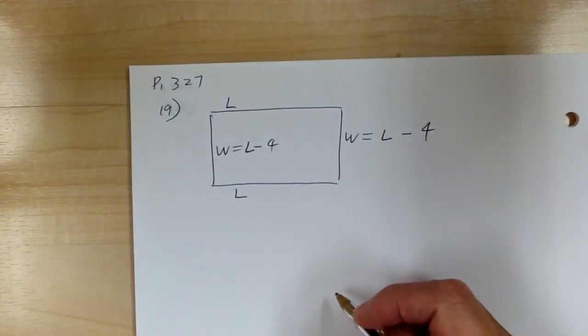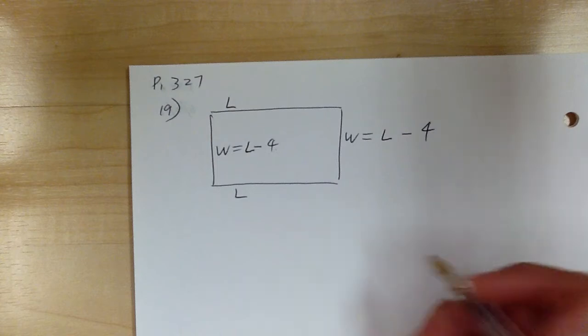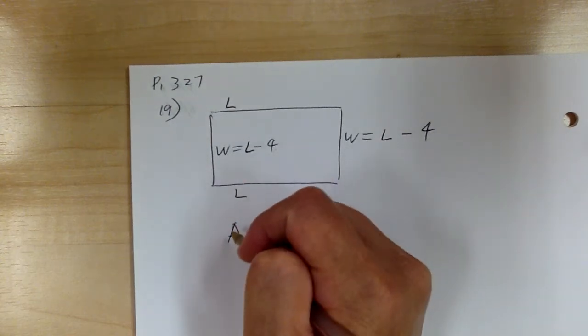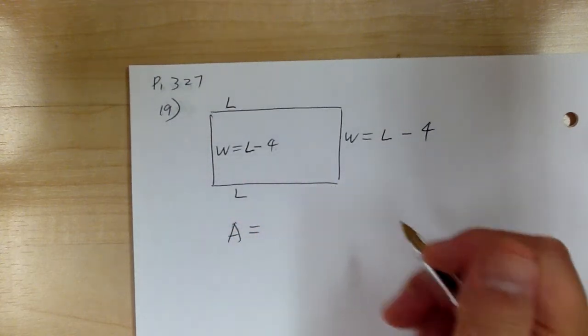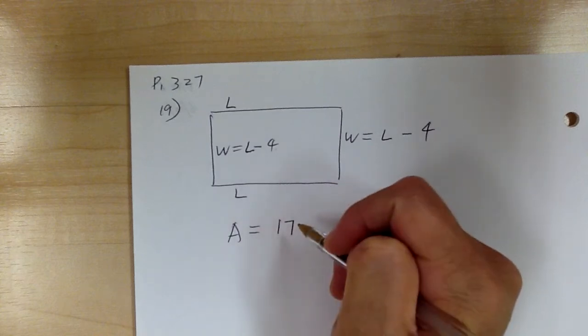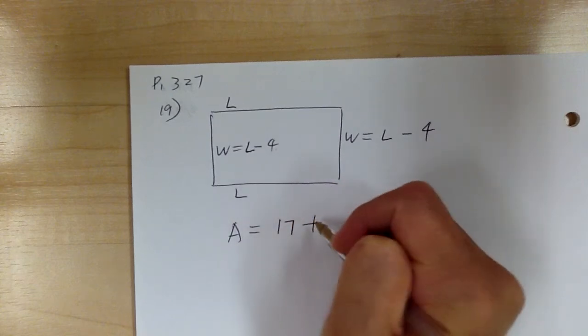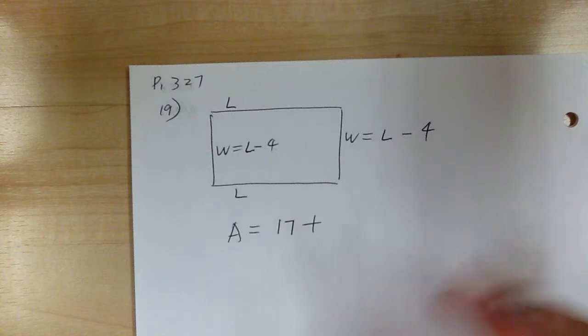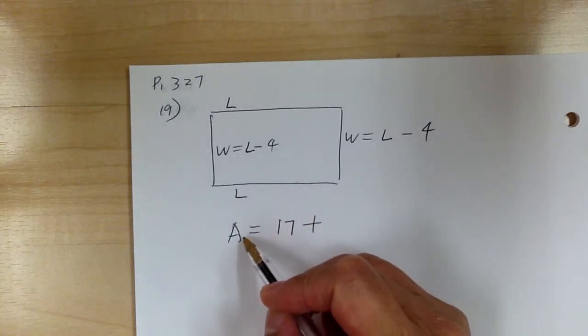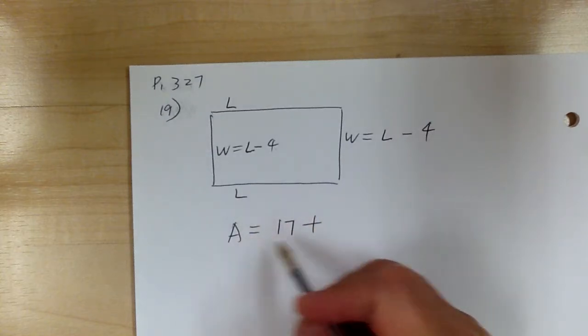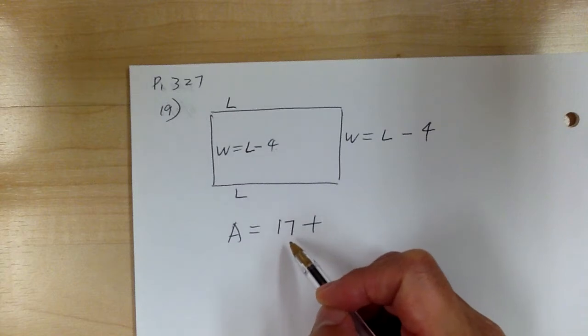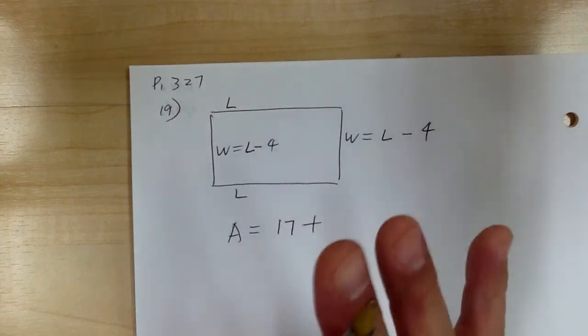Okay, now let's go and do the next sentence. It says the area, so that's A, is means equal, 17, more than means plus. Now it says numerical, it means because the area is square yards, whereas the length is just a yard. So the labels are not going to match. So that's why they say numerical.